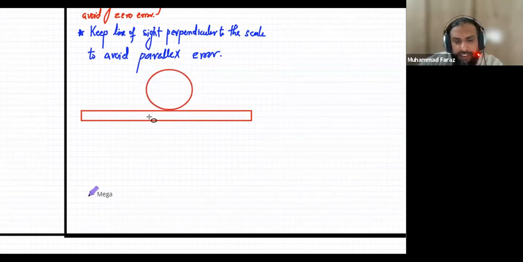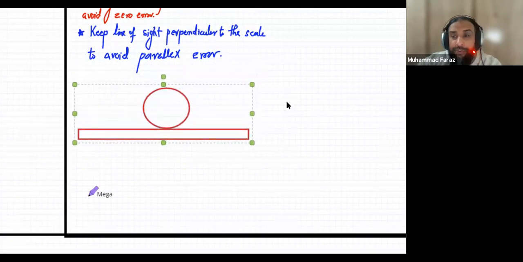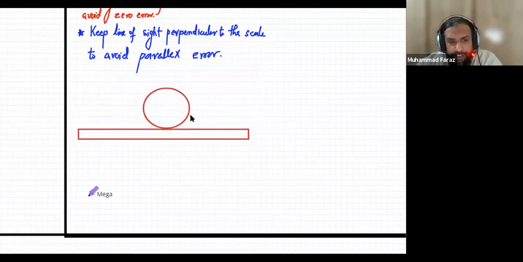For example, this is a spherical thing that we want to measure the diameter of, but there's no way of making this thing touch the scale down. So either we have to just blindly measure it and just assume that the line of sight was perpendicular to the scale, or what we should be doing is using some straight edge to project these ends on the scale.